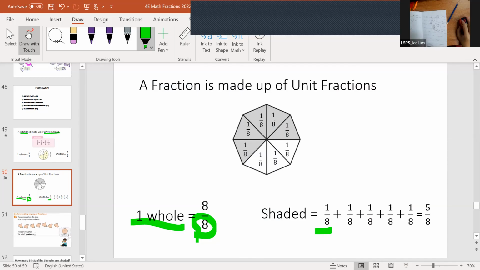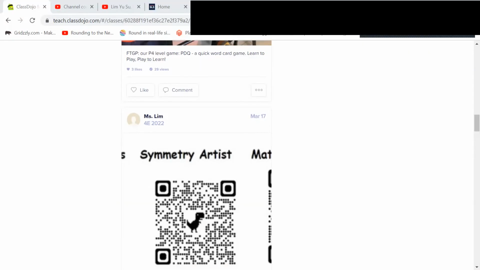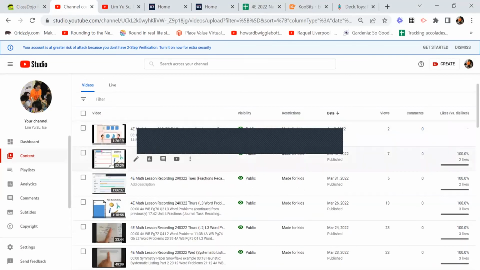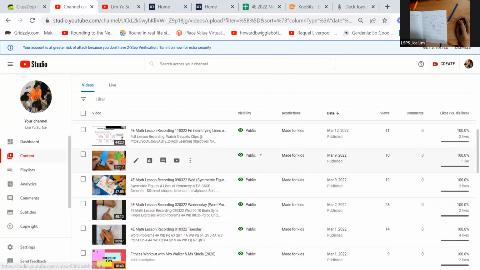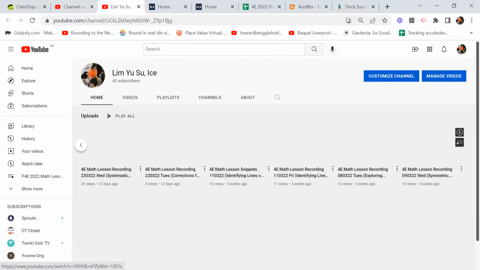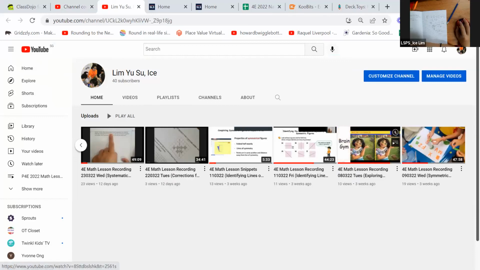Okay, before you scoot off for recess, one last thing I want to share with you here is this. I wanted to share with you the channel where you can catch up on the symmetry lessons. And you see the color activity here, this one here? Yeah, you can come here and pick up the color paper later.